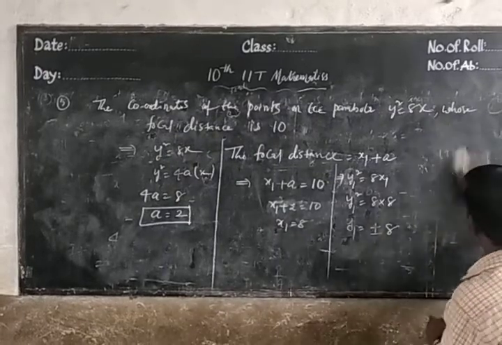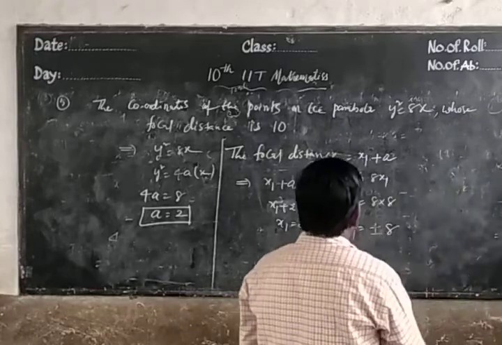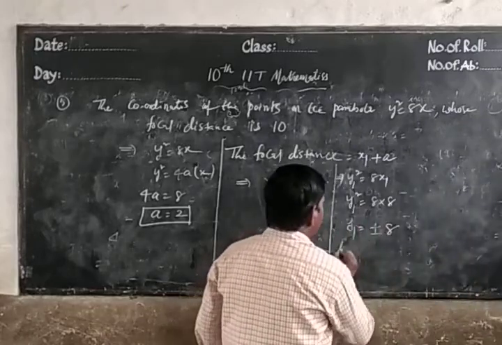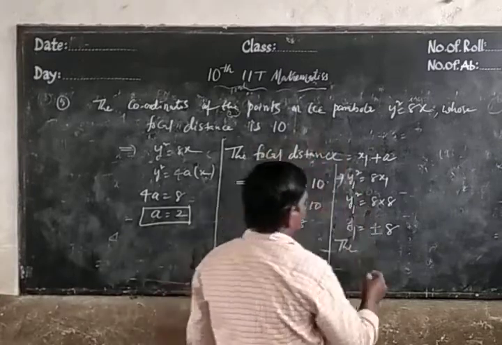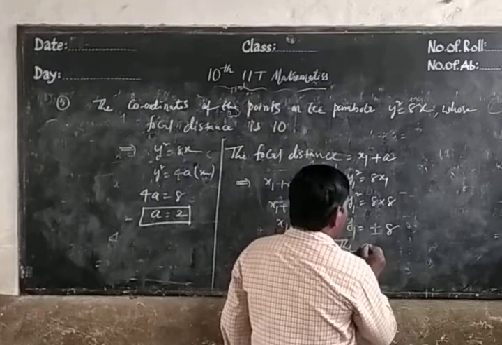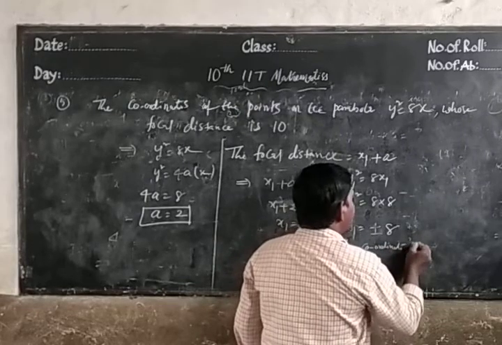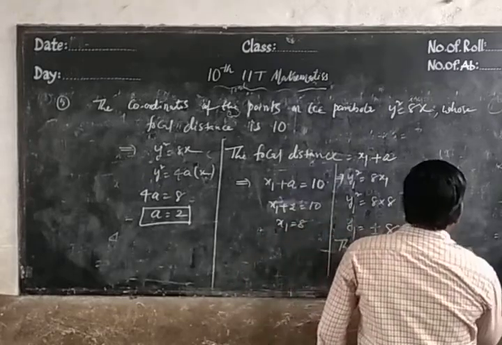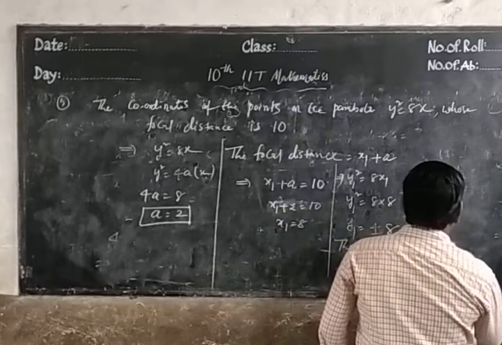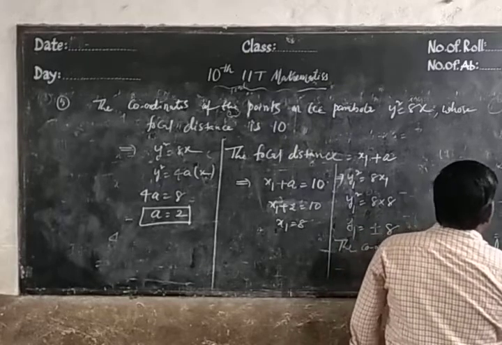So the coordinate points on the parabola are 8 comma 8 and 8 comma minus 8.